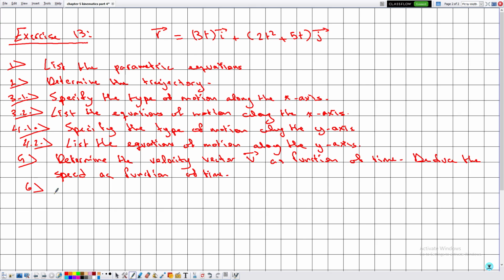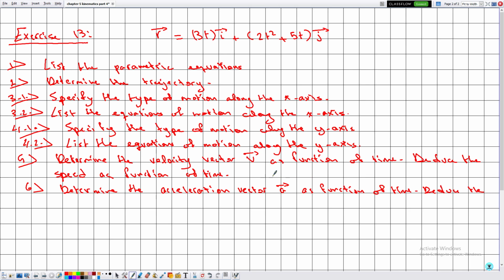Now part 6, let's say determine the acceleration vector as function of time.